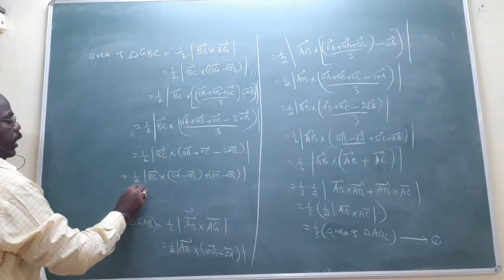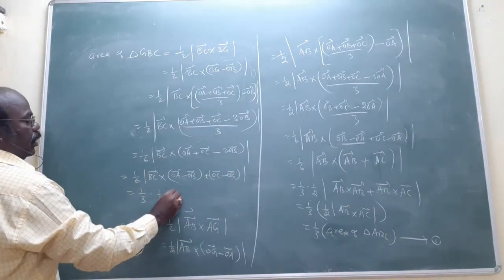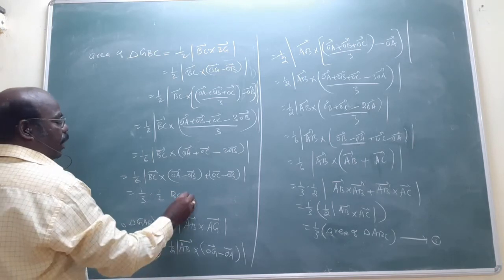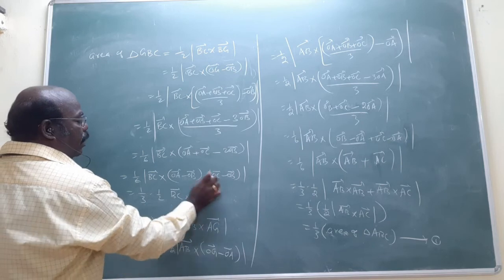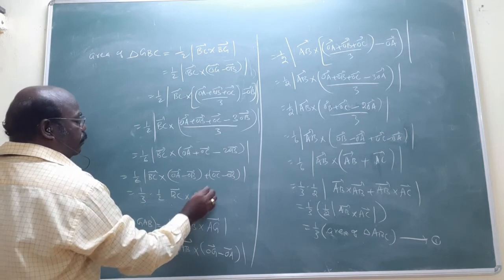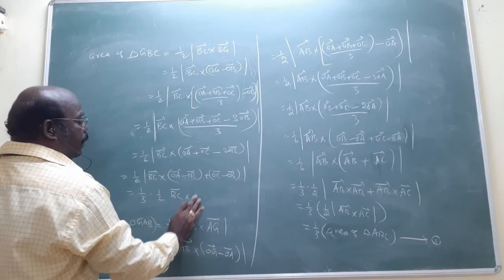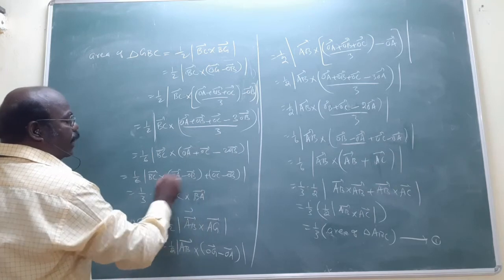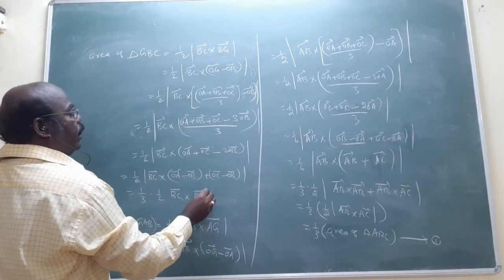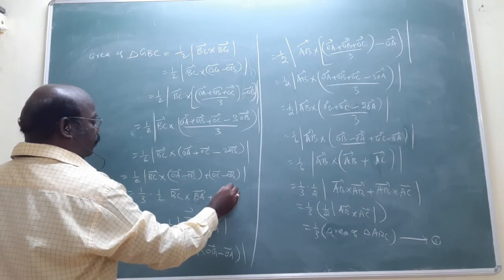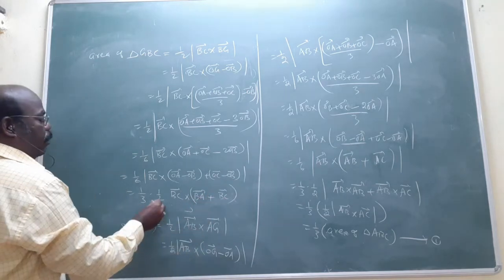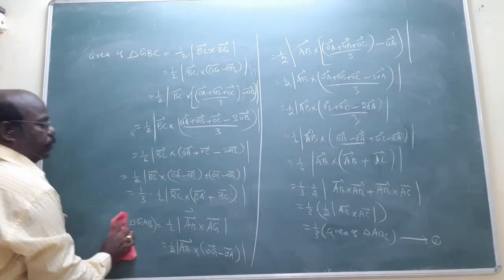Now 1 by 6 I can write as 1 by 3 into 1 by 2. The BC cross OA minus OB is what? BA vector. Second minus first, OC minus OB, BC vector. Now multiply. That is the answer.